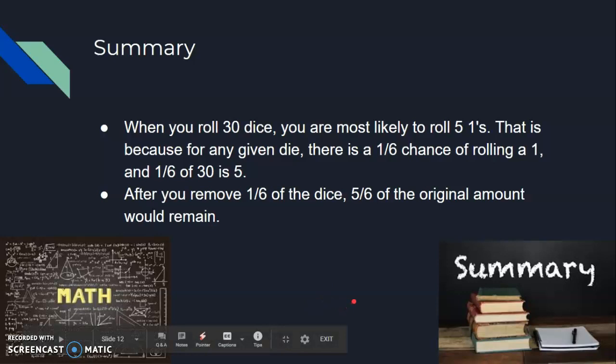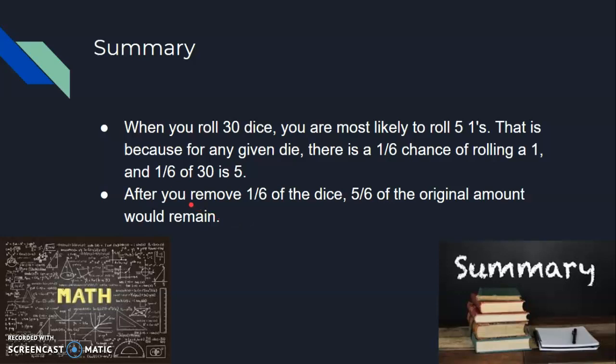Okay, so in summary, when you roll 30 dice, you are more likely to roll 5 ones because of the chances, although you are also prone to rolling less or more. That is because for any given die, there's a 1/6 chance of rolling a 1, and 1/6 of 30 is 5, although it can change because of the rolls, and it's just an estimation.